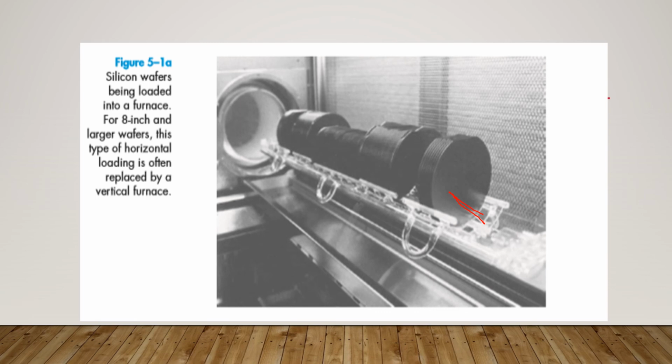And finally, the silicon wafers themselves must undergo an elaborate cleaning procedure before diffusion, including a final etching containing HF to remove the unwanted silicon dioxide. So in this way, we can get the pure diffusion process going on.